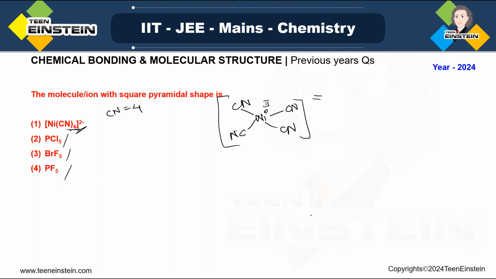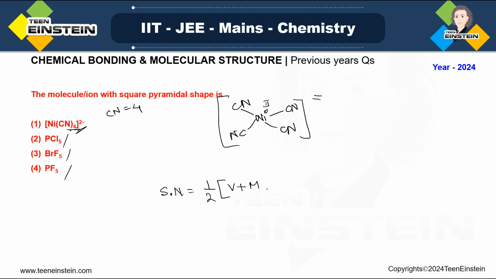Now come to 2, 3, 4. Here the rule that we'll apply, we have to know the steric number. Now steric number is half of total valence electron. Then M, capital M, this rule I have already discussed in the respective chapter, that is chemical bonding and molecular structure. You can also check that particular class.